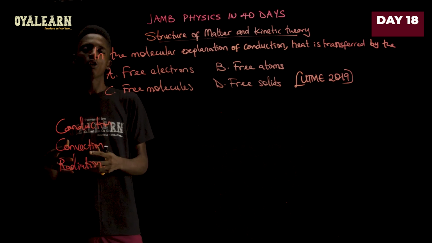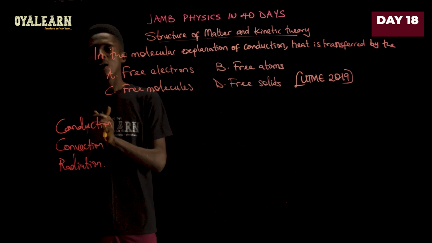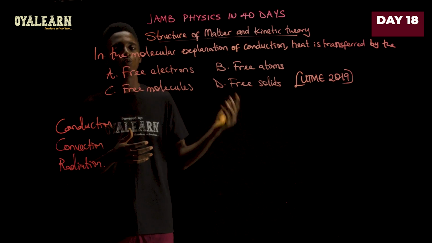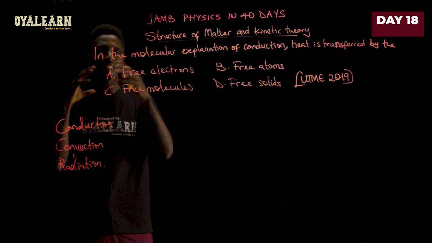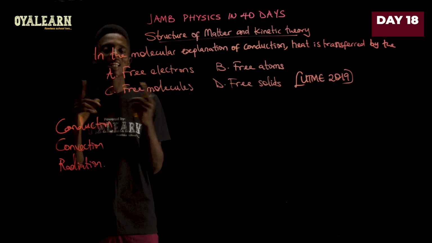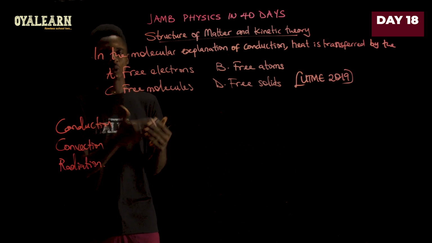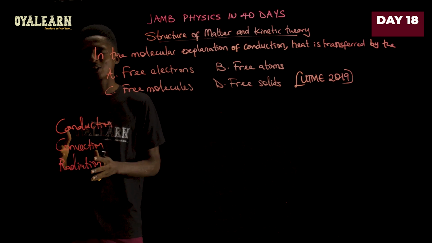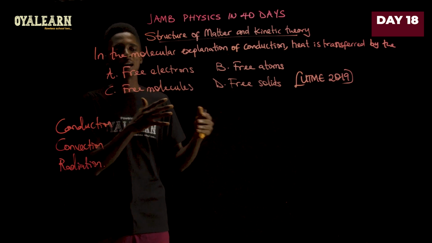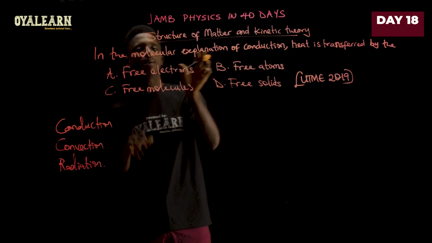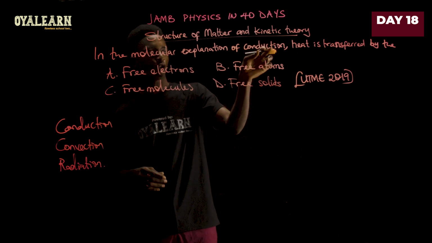And then for radiation, we see transfer of heat whereby we use the invisible electromagnetic waves. That is, heat is transferred using the electromagnetic waves without directly hitting the intervening particles between them. So these are the three ways by which heat energy can be transferred from one point to the other, or what we call heat transfer, right? But in this case, we are looking at the molecular explanation for conduction.